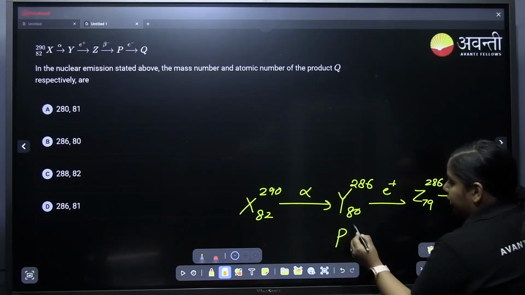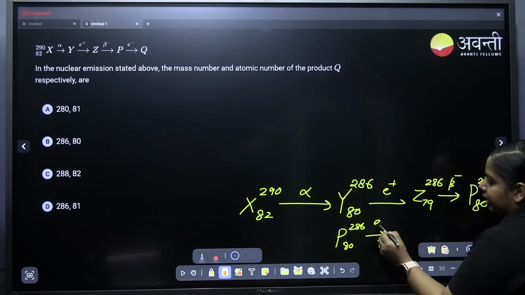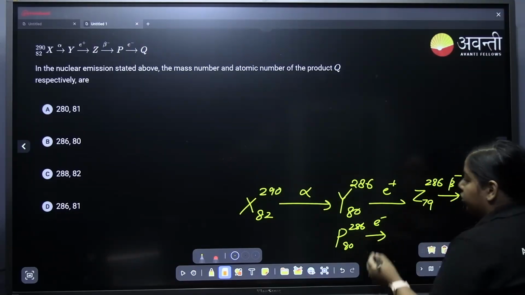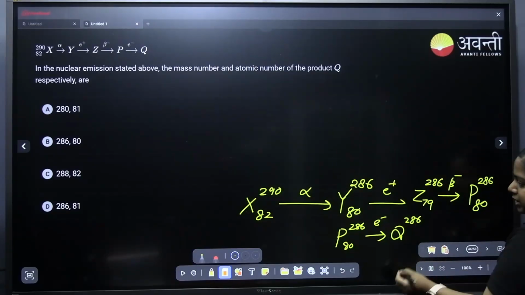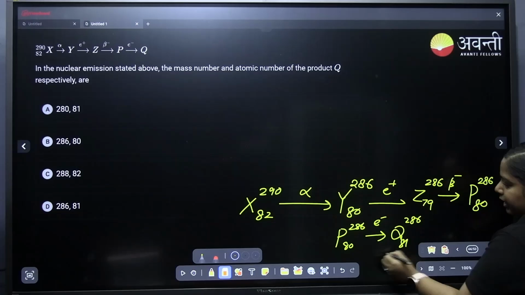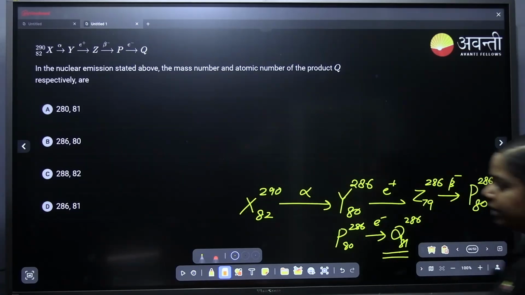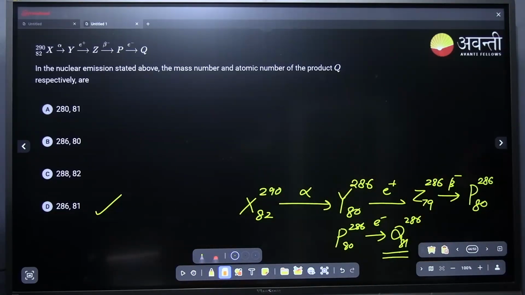So from P, 286 and 80, again electron is emitted. So a neutron is converting into proton. So there is no change in mass number, but this will become 81. This will be the answer, 286 and 81, option D. This is how you find this one. Okay, is it clear?